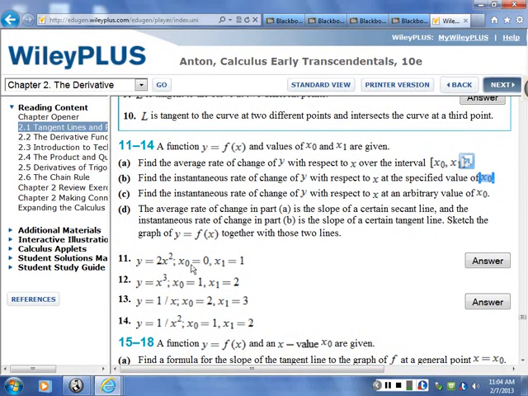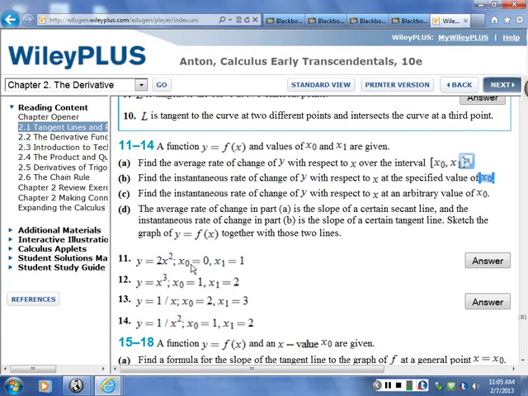So we're looking for the instantaneous rate of change, so that's the derivative example. And instead of plugging in x, we're plugging in x equals 0. So we have f of 0 plus h minus f of 0 over h, and the limit as h goes to 0. And then on C, you do the exact same thing, but you take an arbitrary value.